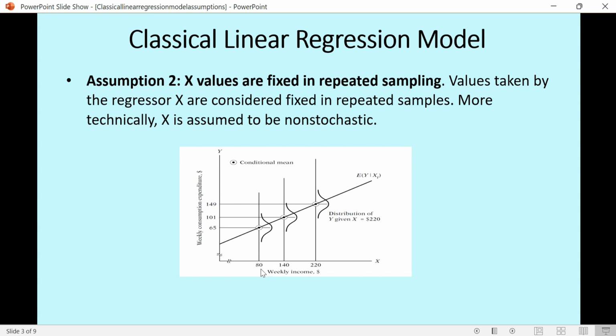We also say the x variable is non-stochastic, but the y variable is stochastic because we have included a random term in the model for the y, right? But not for the x. X is a fixed, non-random variable.